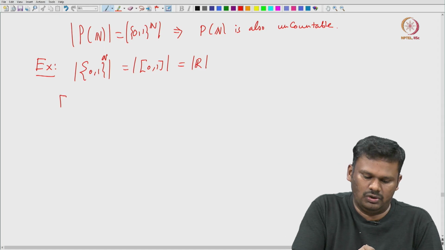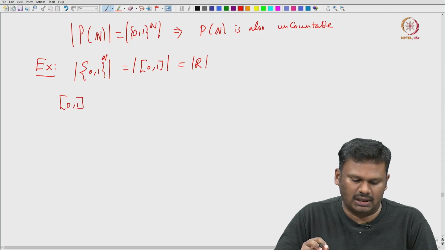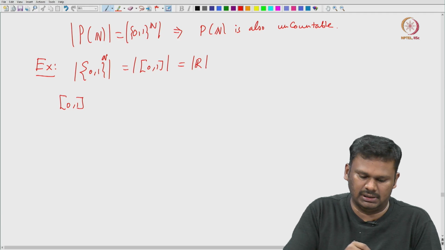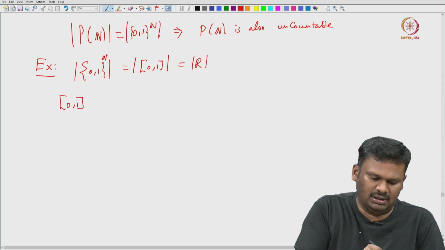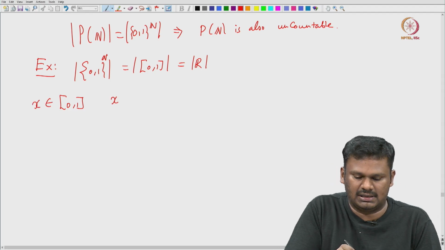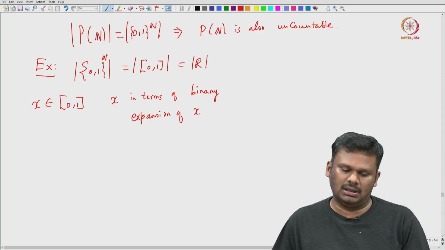Okay. For example, how do you go about this 0 comma 1? So, what we can do, we can actually use the binary expansion of the real numbers. Okay. That will actually tell us that you can have a bijection from this. For example, if I start with x, then I can write x in terms of the binary expansion of x.